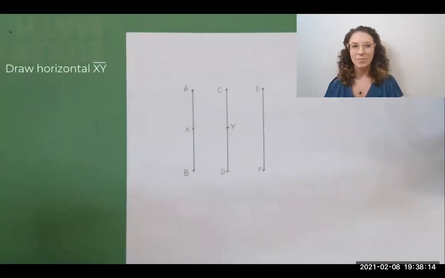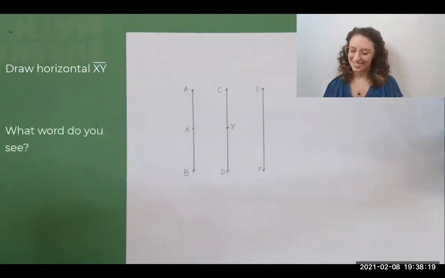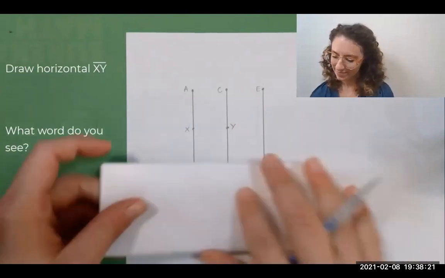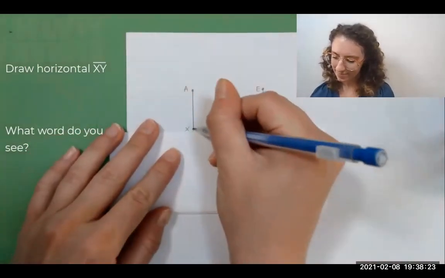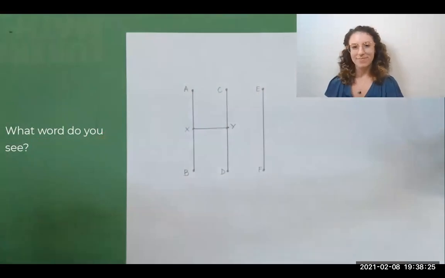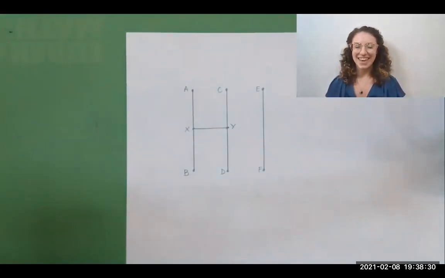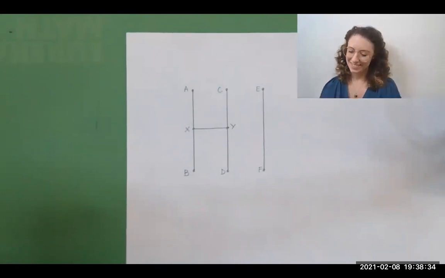Now, draw horizontal line segment XY. Tell me what word you see when you do that. Hello to you too. Now you can erase line segment XY. We'll do one more.